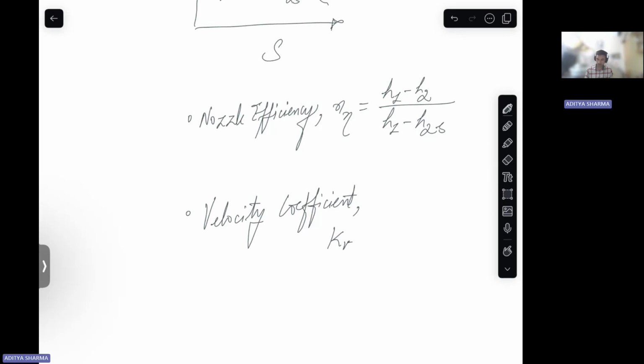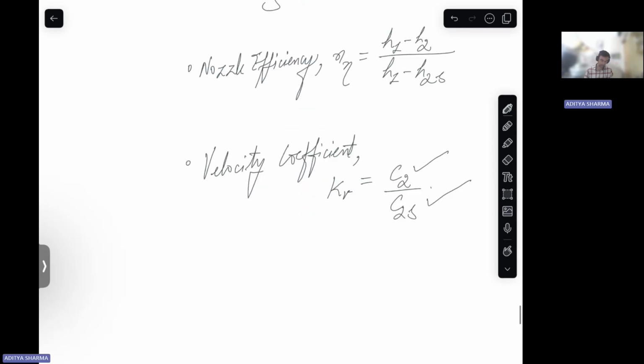So your velocity coefficient basically is the velocity that is achieved at the exit of the nozzle, in the actual case and in the isentropic case. So when we take the ratio of these two, we get the velocity coefficient. Then there is the coefficient of discharge.